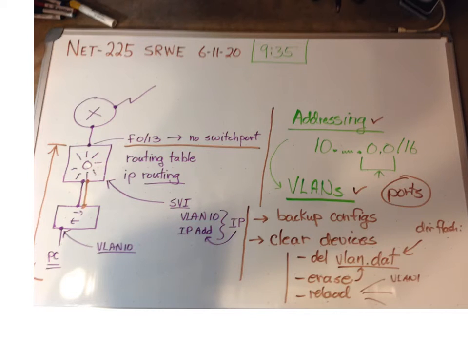So then what we decided to do was we did some work with addressing for our new scenario, and after the addressing we created the VLANs, backed up the configs, and cleared our devices.